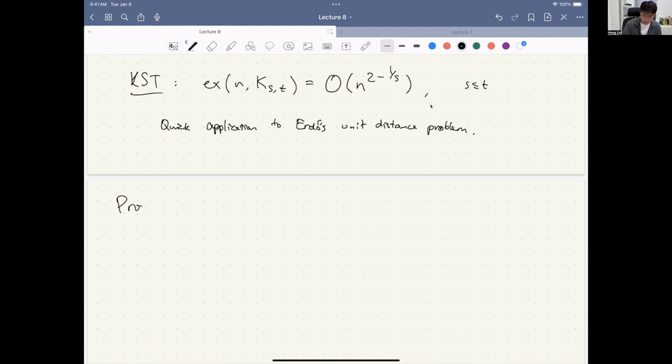Here's the problem. I would say it's a proposition: a set of n points in the plane R^2 determines at most some constant times n to the 3/2 unit distances.